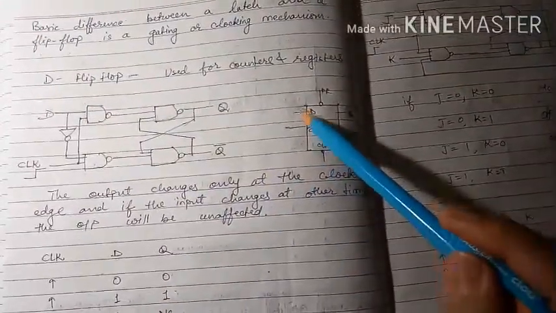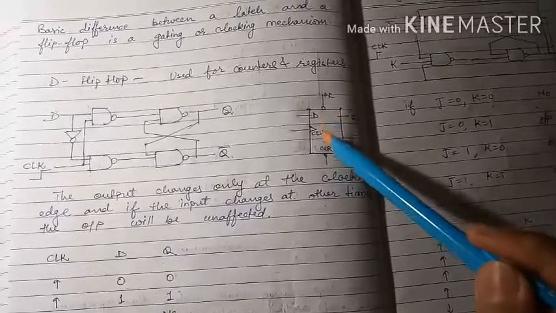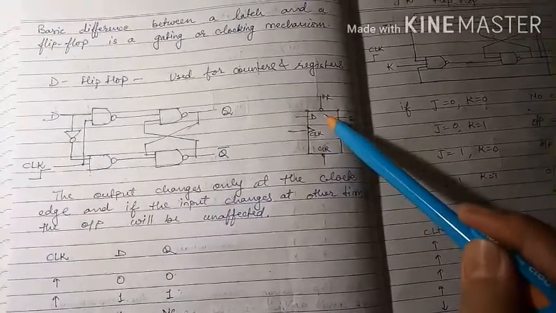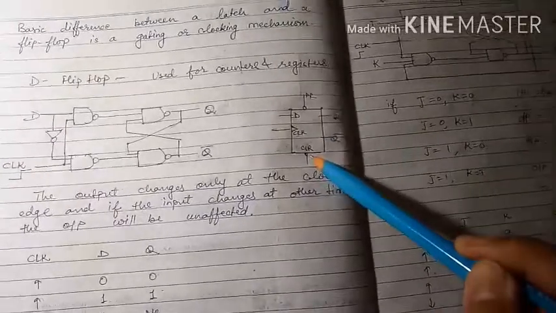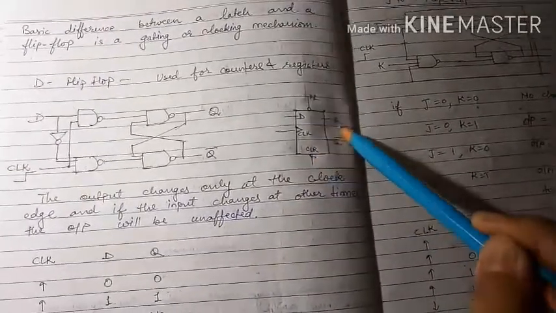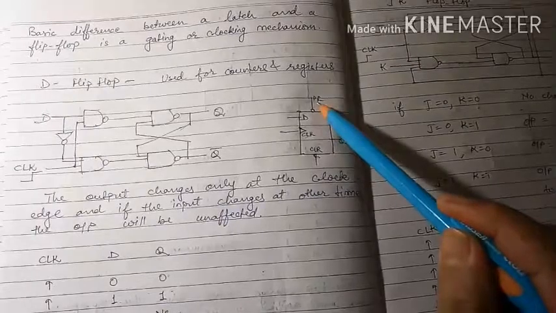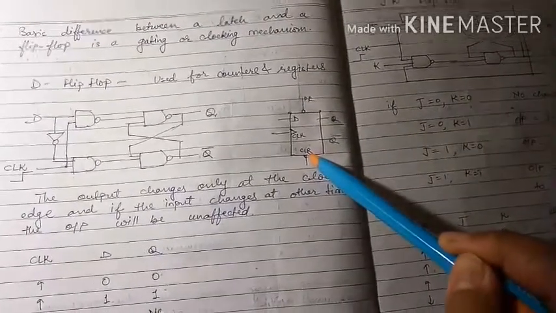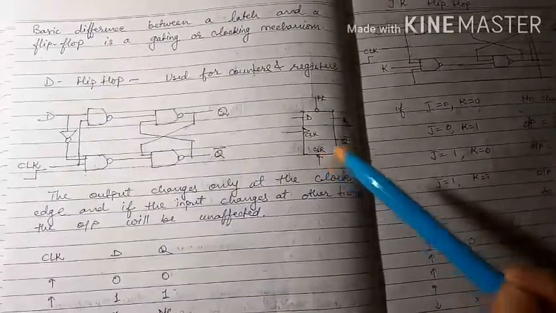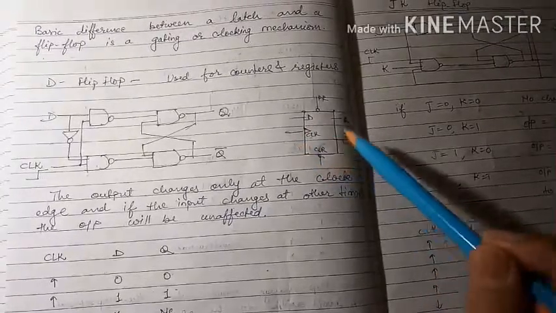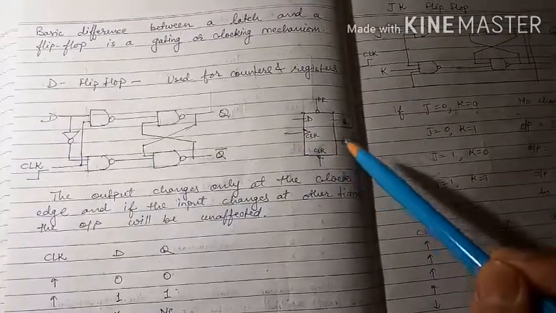The symbol of the D flip-flop has the D input, the clock input, the preset and clear inputs, and Q and Q bar. Now what about this preset and clear? Some computers or some circuits require that the flip-flop must already be in the set position.